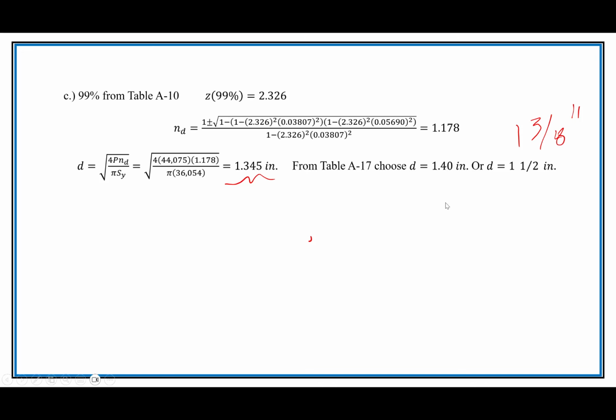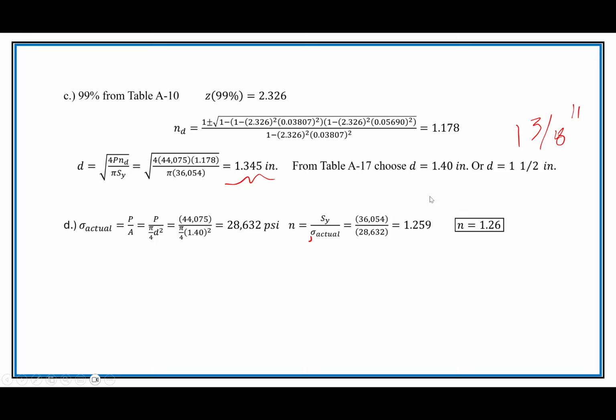So anyway, then we go to the last one here. We skipped back to B, and I chose the 1.4, probably because it matched for both of them. But I guess I'm not exactly following my own instructions. But we get the stress of 28.6 KSI.